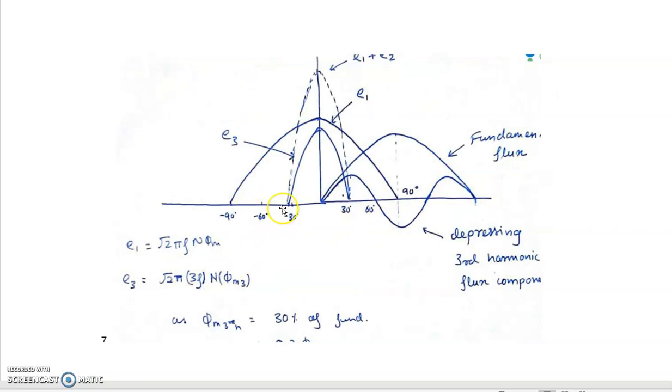This is nothing but a sinusoidal waveform, also showing the third harmonic component, along with the EMF produced by the respective waveforms. So E1 is equal to this, E3 is equal to this.